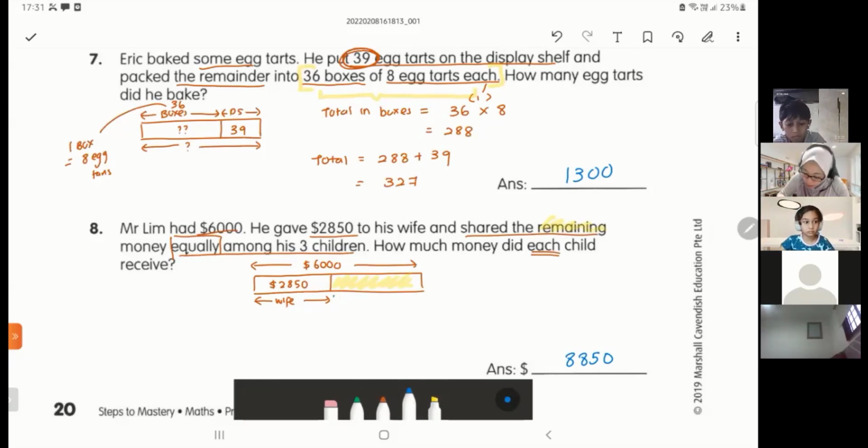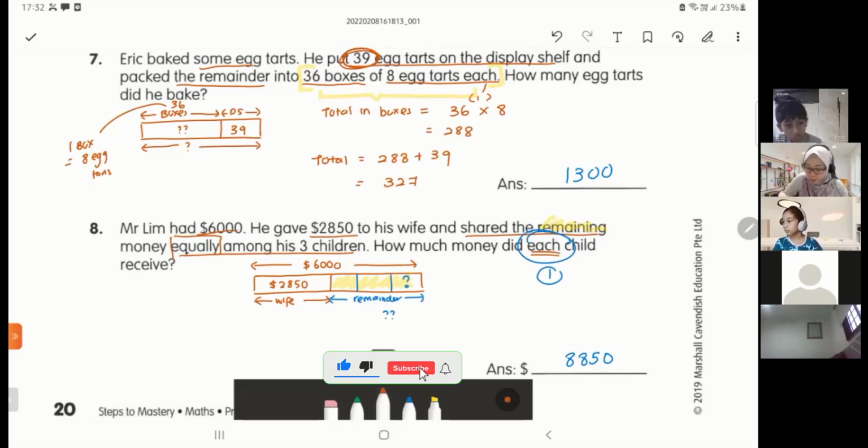Remaining money equally among the 3 children. My issue here is, how much is the remainder? You have to go and find this one first. But the question is each child, means one child. So I have to divide the remainder into 3 equal parts, right? My issue is how much each child gets. This is how my model looks like.